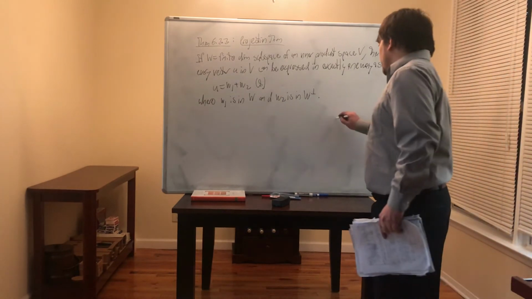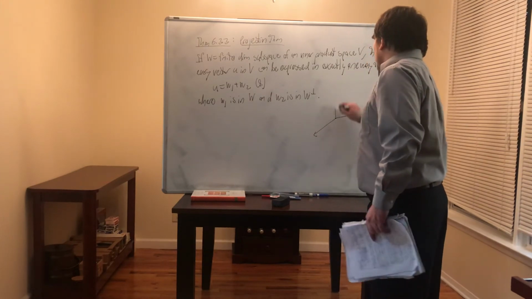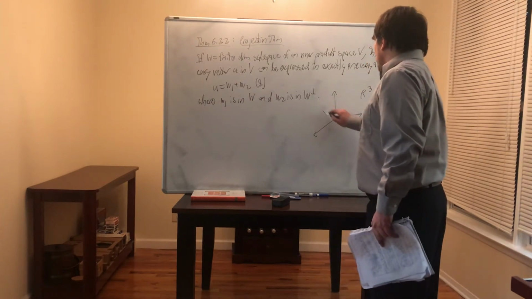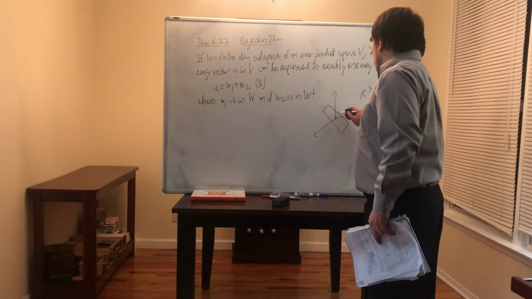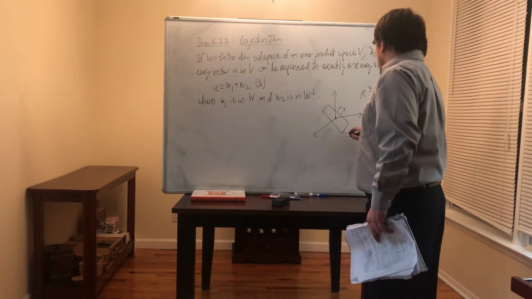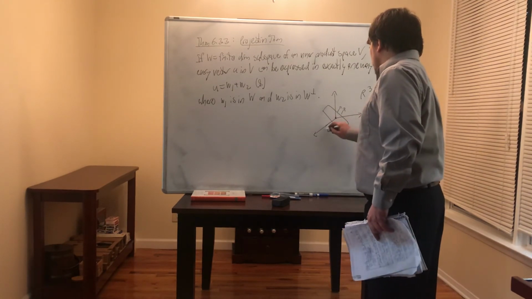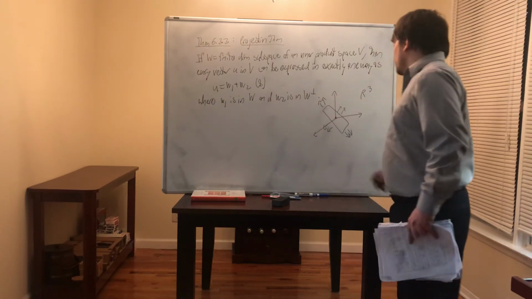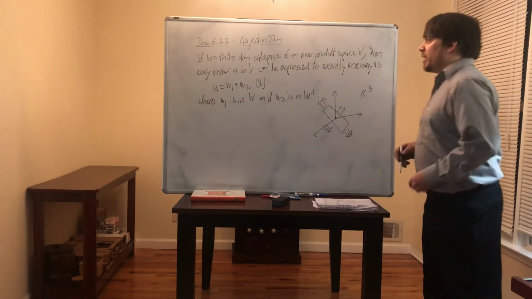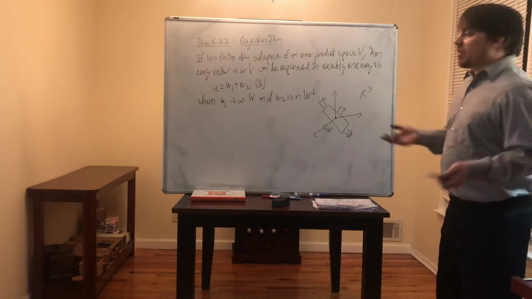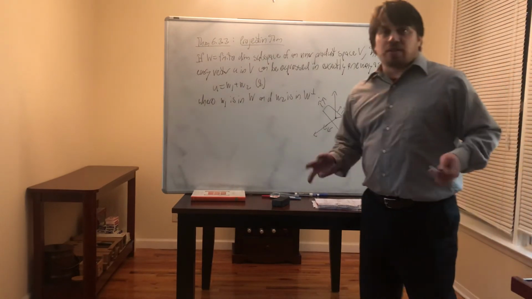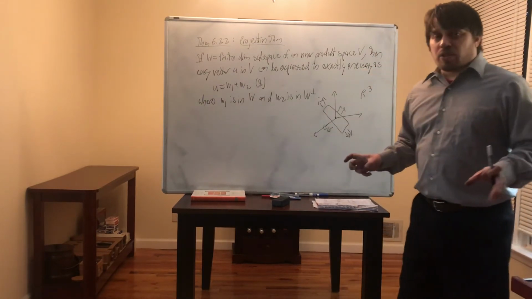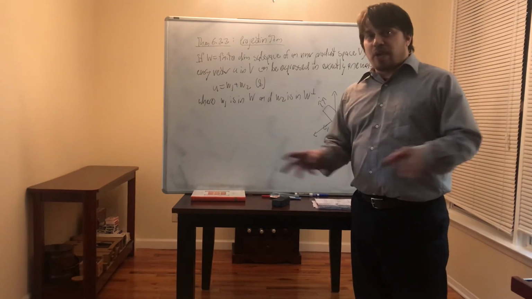So the same example I keep using, I'll use it again. If we're in R3, we have a plane going through the origin. Okay? Here's a plane through the origin. That's a subspace of R3, where R3 is an inner product space. The inner product function is just the standard inner product in R3, where you multiply the corresponding components of 3-tuples and you add up the products.